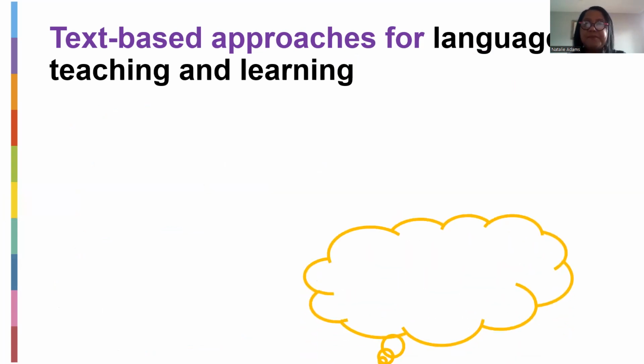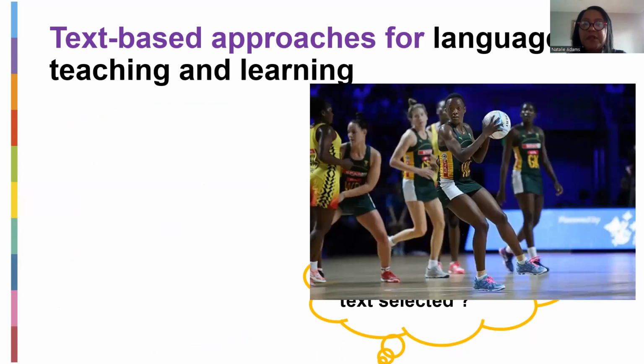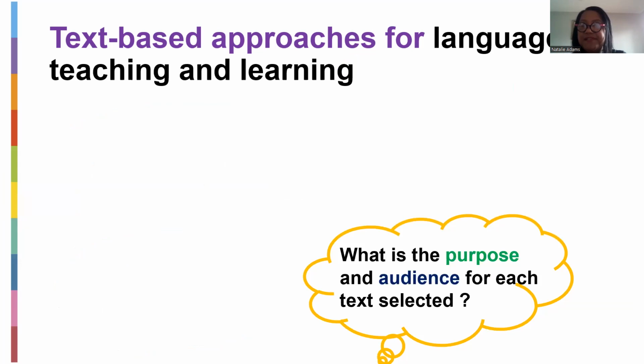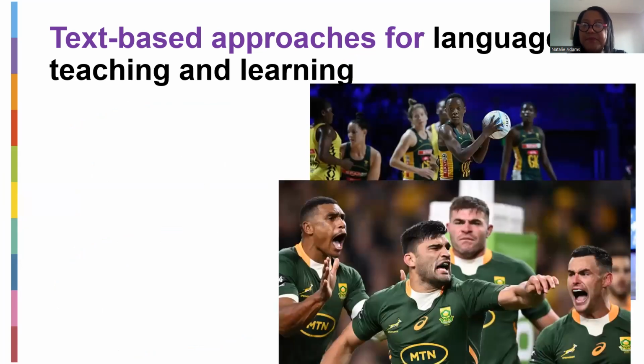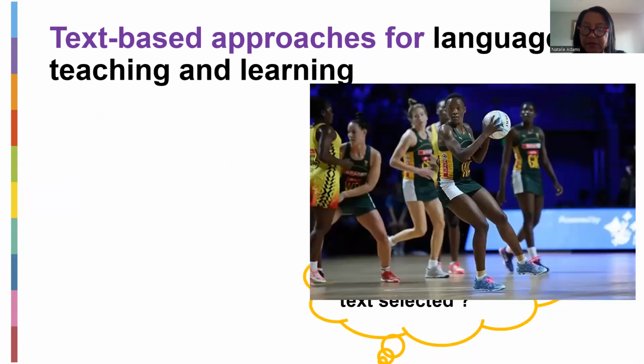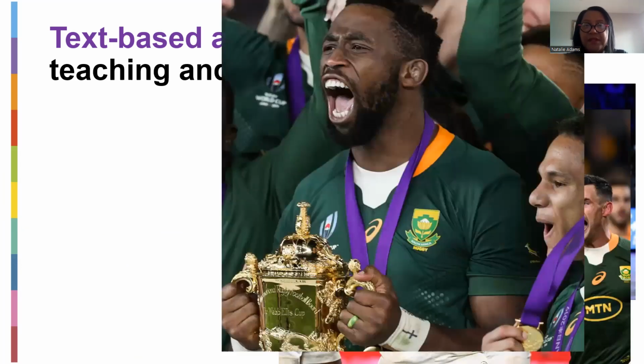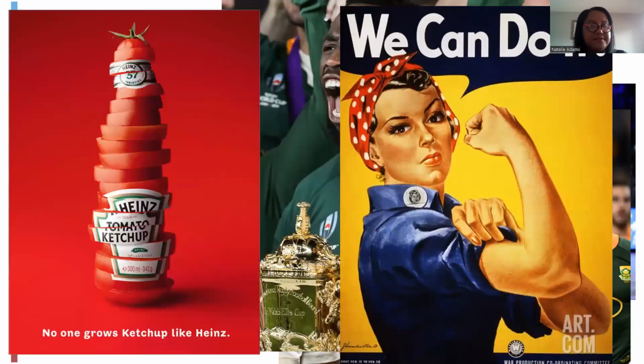And then text-based approaches for language teaching. So you can look at what is the purpose and the audience for each text selected, what purpose they are playing, and what's the audience. The audience would obviously be people that are watching sport, etc. Yep, we can do it.